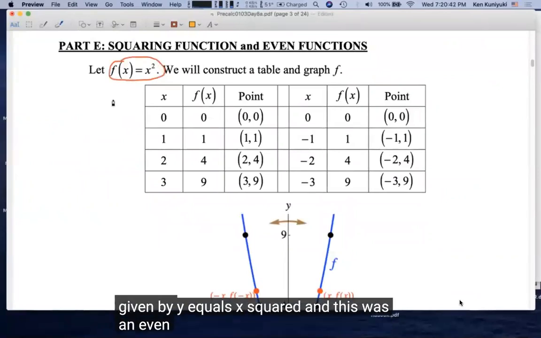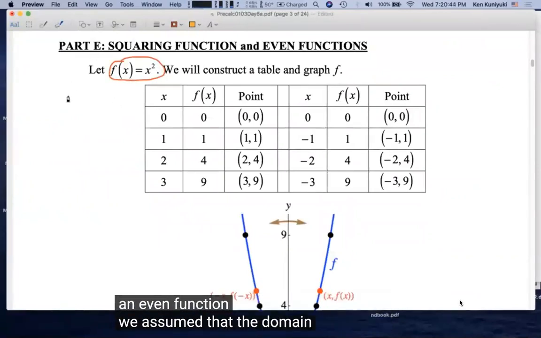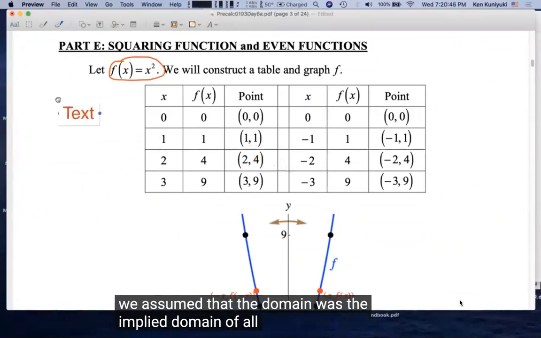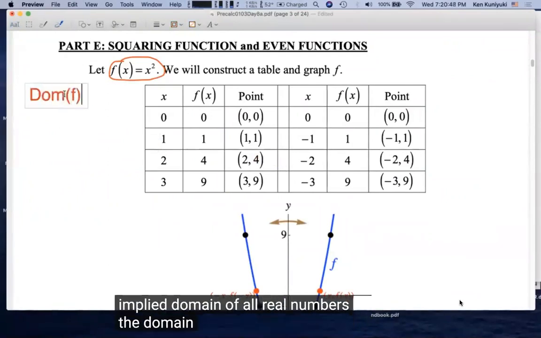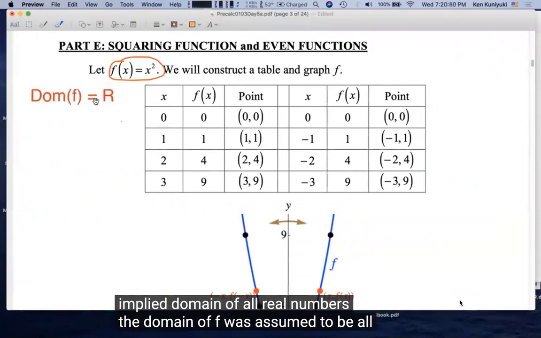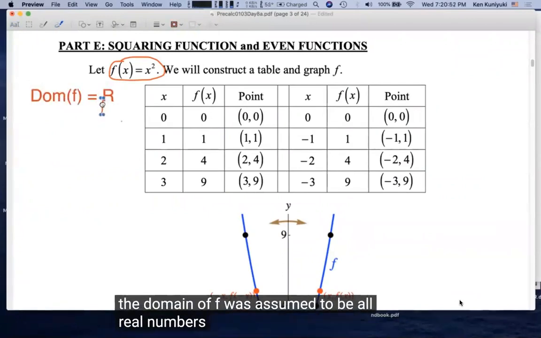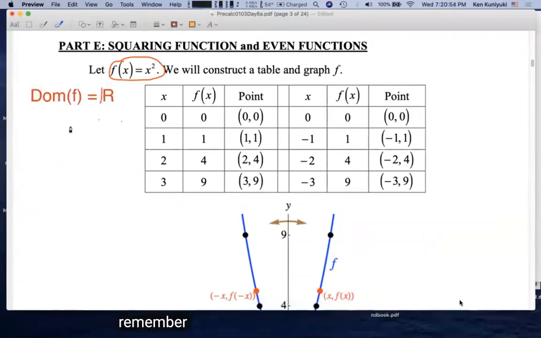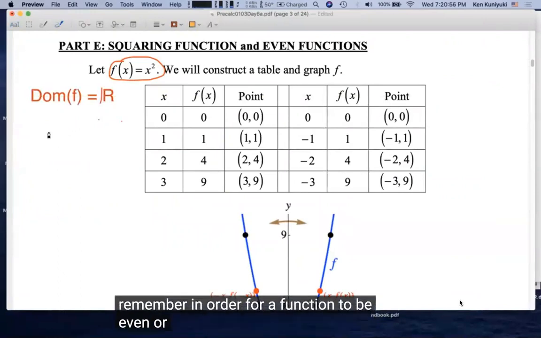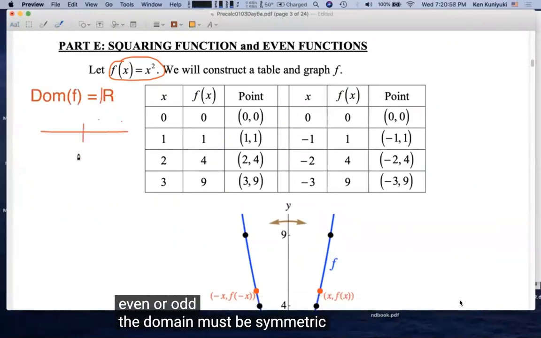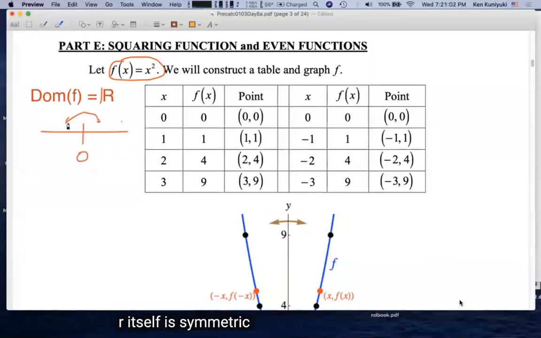And this was an even function. We assumed that the domain was the implied domain of all real numbers. Remember, in order for a function to be even or odd, the domain must be symmetric about 0. R itself is symmetric about 0.